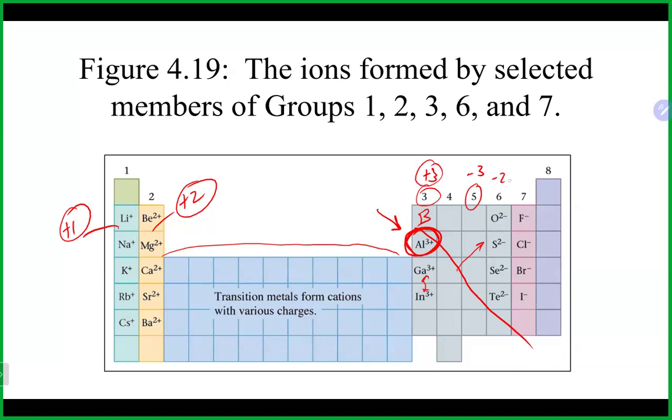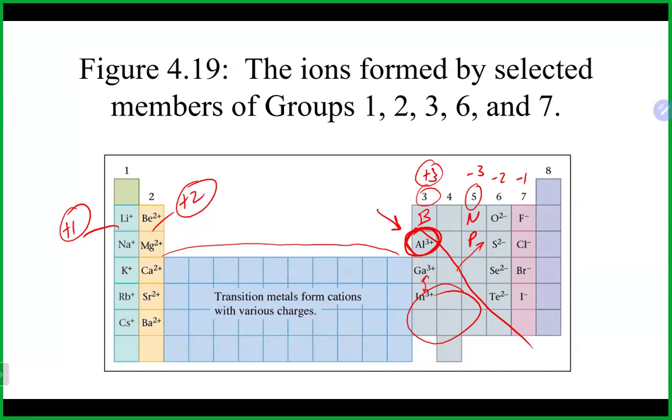Group 6 -2 and group 7 -1. Once again, we're talking about the nonmetals above the staircase, so for example, nitrogen and phosphorus. Remember, below the staircase are metals that have positive charges. So above the staircase are nonmetals, which will have these negative type charges.